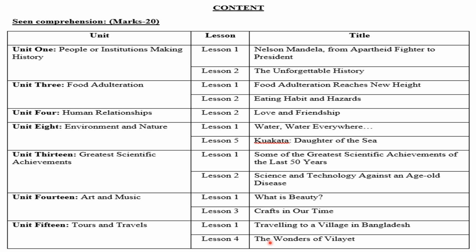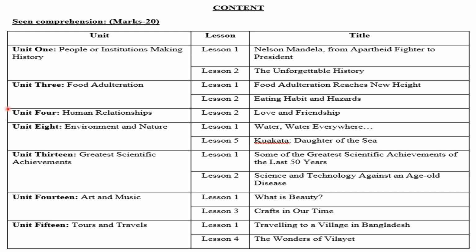These are the lessons. There are a total of 13 lessons, which means a total of 13 comprehensions. These 13 comprehensions you have to study, and you have to take better preparation for the semester final exam.